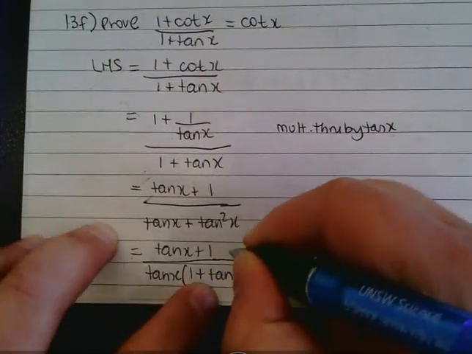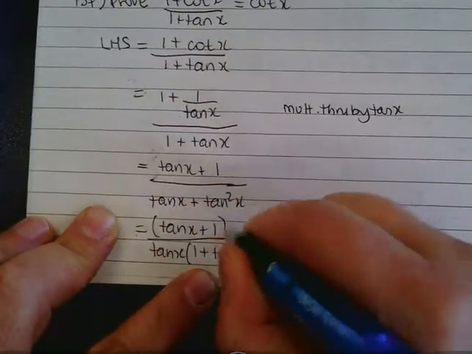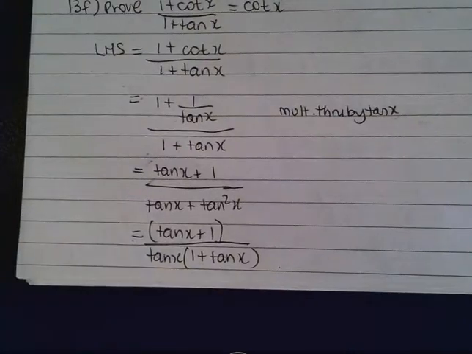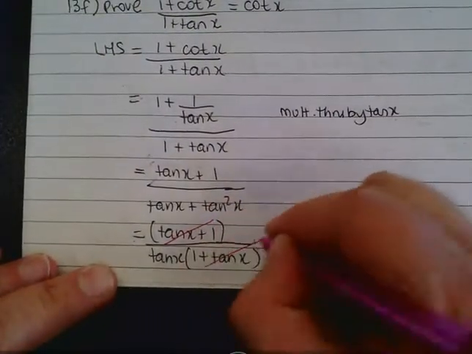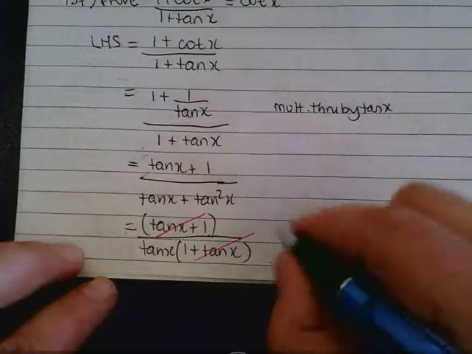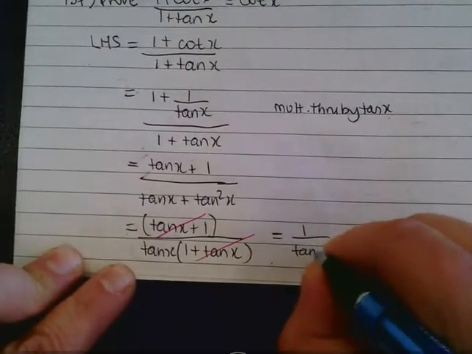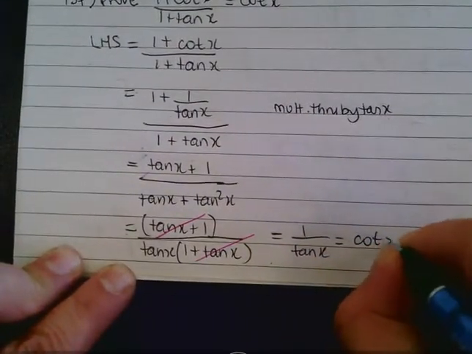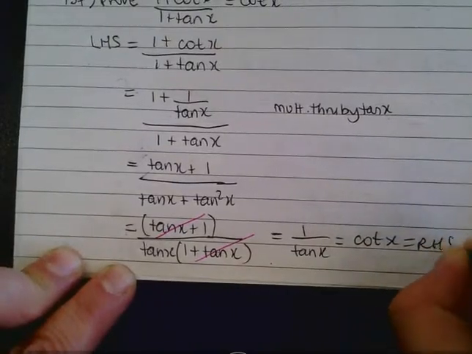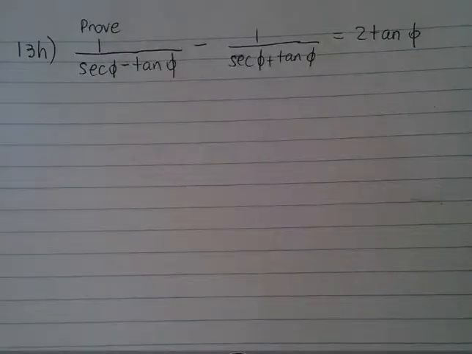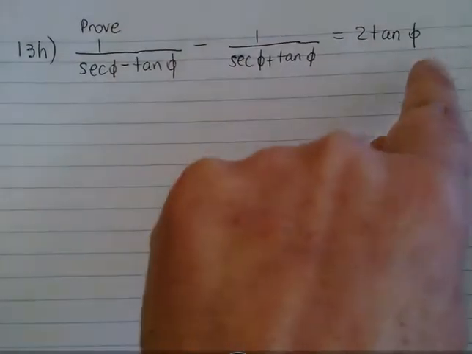Now, it's tan x times all of that. If I put this in brackets, tan x plus 1 is the same as 1 plus tan x, they cancel. And I've got 1 over tan x, which is cot, equals right-hand side.